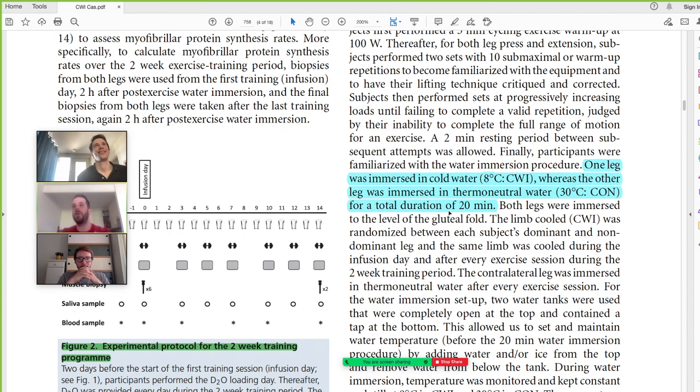We wanted to keep everything systemically the same, ideally, which we could in this study perfectly, by having both legs in the experiment and one leg being cooler than the other leg. So it makes the design actually pretty strong in that sense, because every other variable that could be different between individuals, for example, if one participant has a much higher digestibility and absorption of amino acids and much more is becoming available, potentially there's also slightly higher stimulation of protein synthesis.